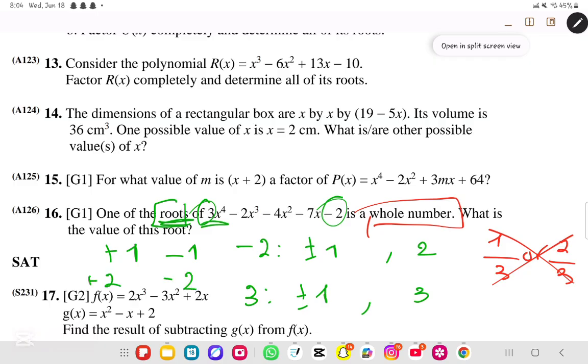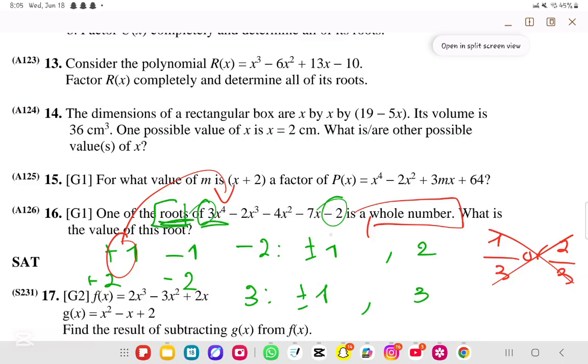Now to see which one is the root, you will have to substitute each and every one of them here. So very simply, it's going to be 3 times, for example, 1 to the power of 4, minus 2 times 1 to the power of 3, minus 4 times 1 to the power of 2, minus 7 times 1, minus 2.